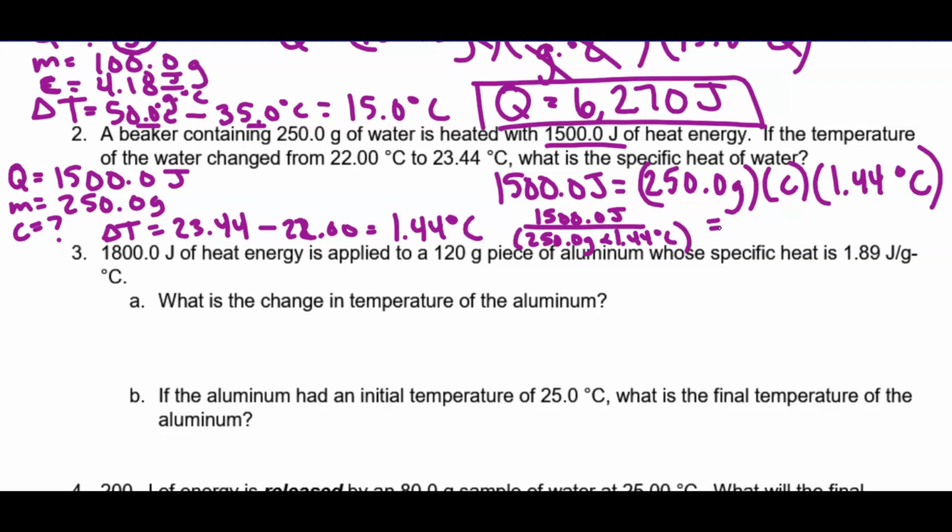And with 3 significant figures, we get 4.17, and then check your units: joules per gram degrees Celsius. And yes, specific heat does have some funny units to it.